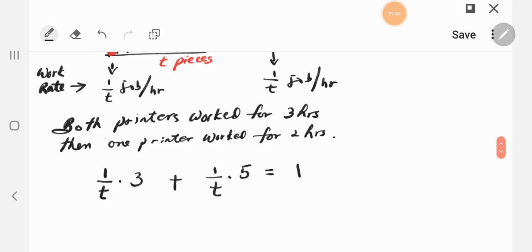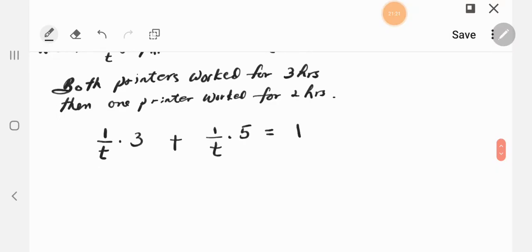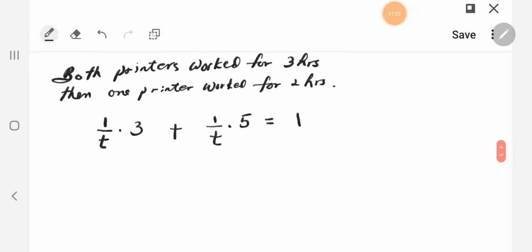Both work together, so they complete one job. So let's solve for t.